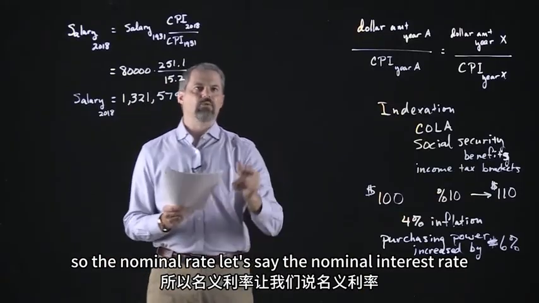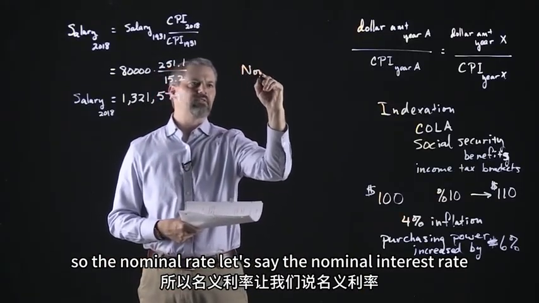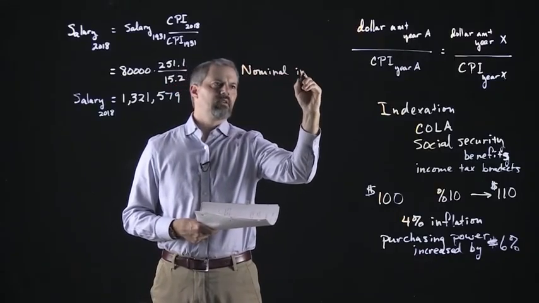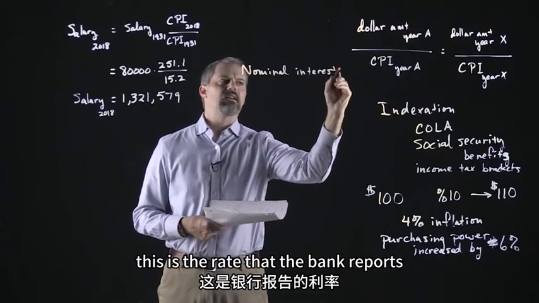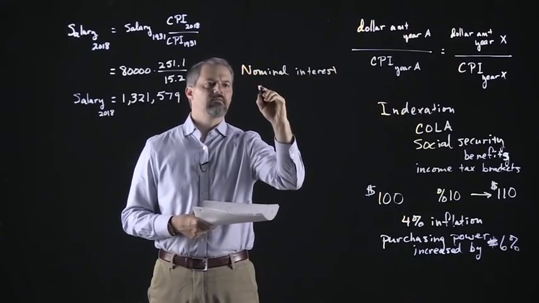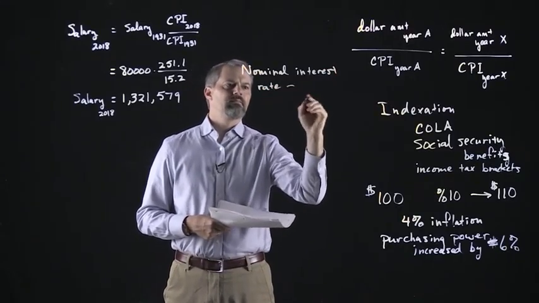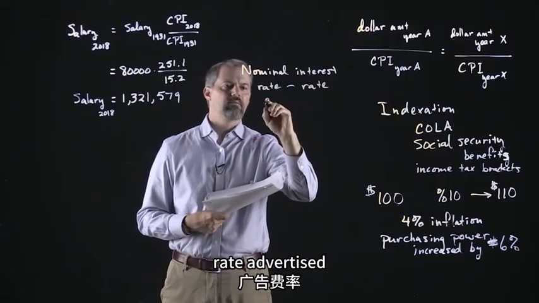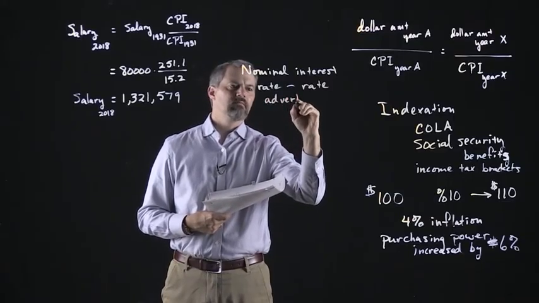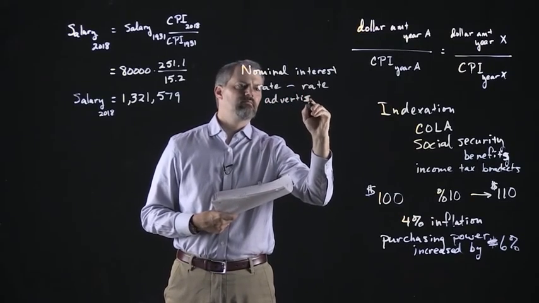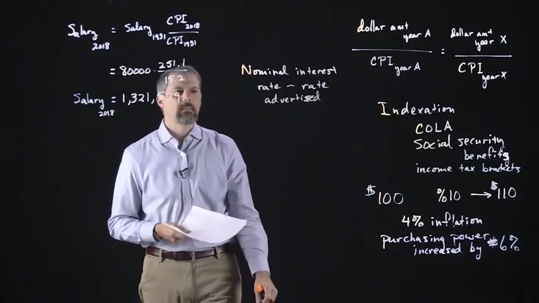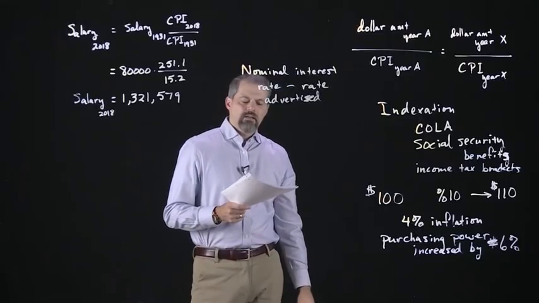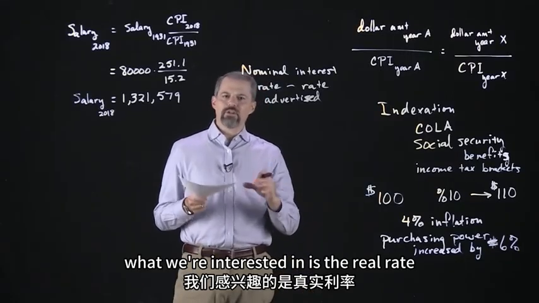So the nominal interest rate is the rate that the bank reports, the rate advertised by the bank. What we're interested in is the real rate.